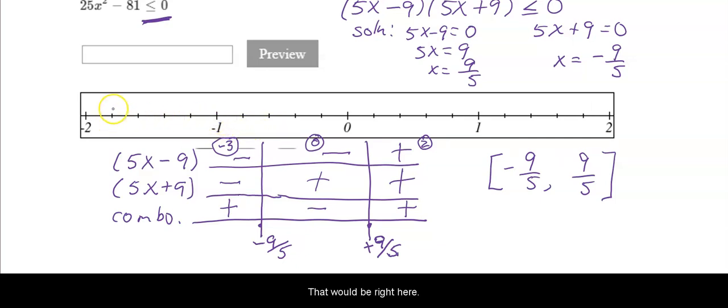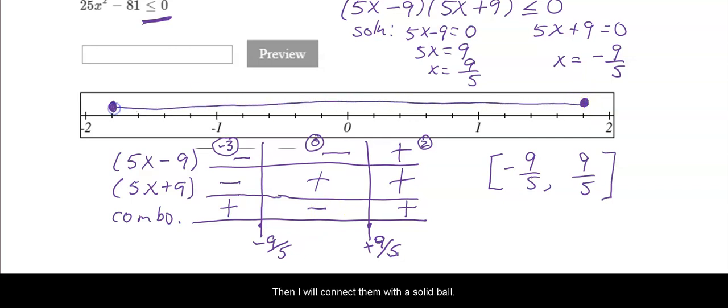That would be right here. 9/5 is 4/5 of the way between 1 and 2, or here. Since the negatives are between those two, then I would connect them with a solid ball. What we have found are the x values that you can use to plug into the original 25x squared minus 81 that will keep 25x squared minus 81 negative or 0.